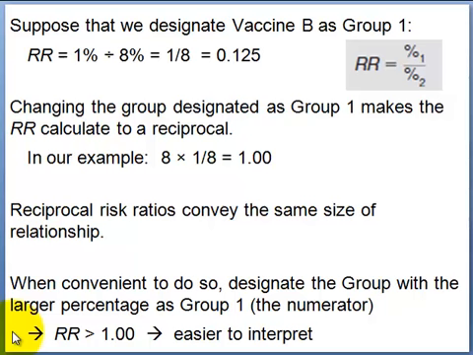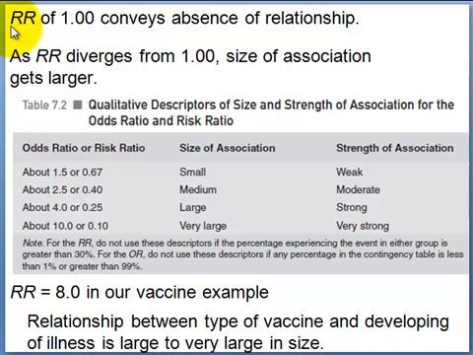I like to follow this convention. Particularly, the risk ratio of 8 is more straightforward than the risk ratio of 0.125 in terms of ease of interpretation. A couple more points to mention on the risk ratio.